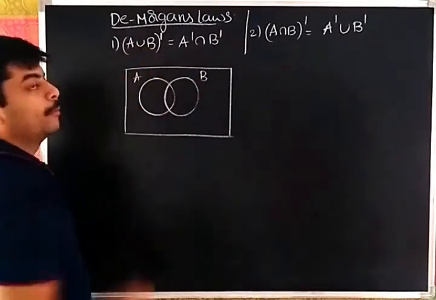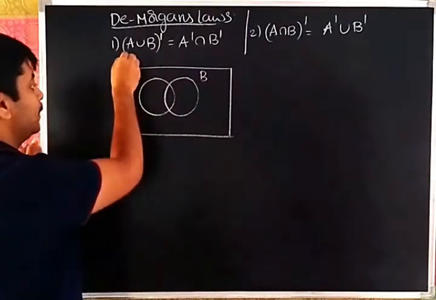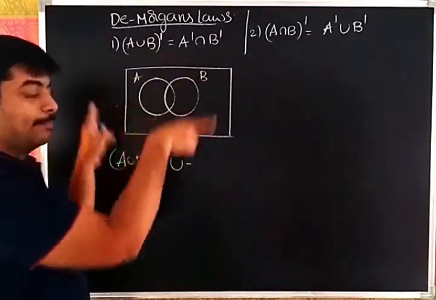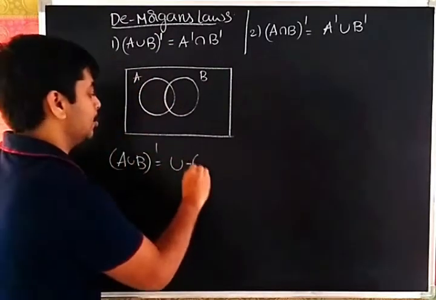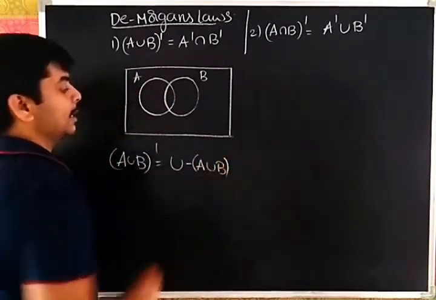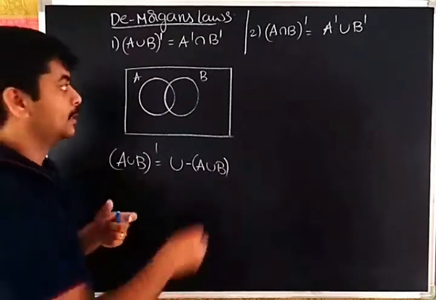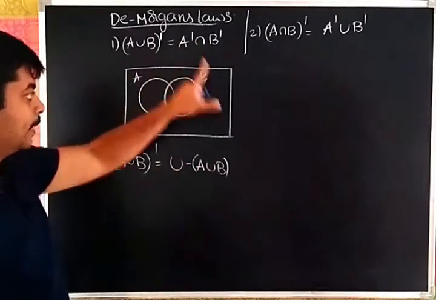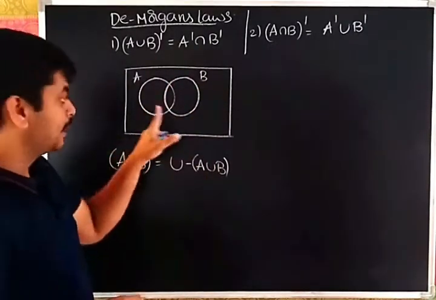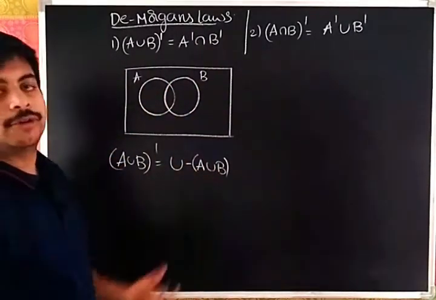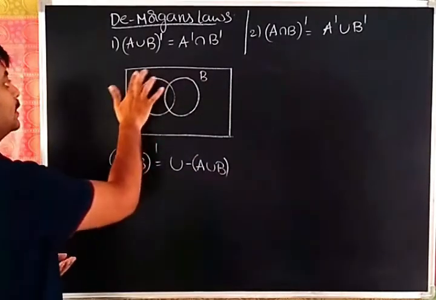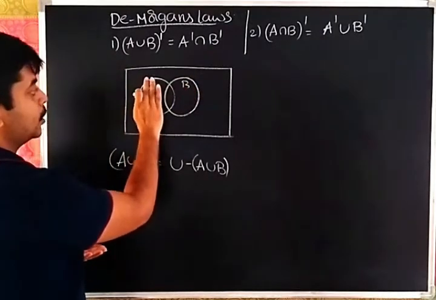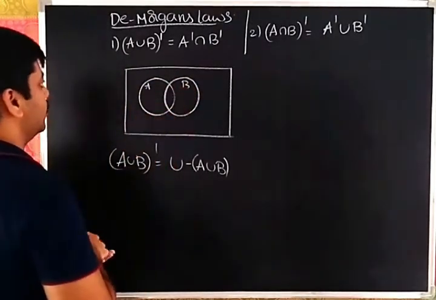A union B whole complement means that from the complete universal set, that is, from the complete rectangular box, you need to remove A union B and shade the rest of the part. So once you remove the complete circles, the leftover region is this region, which I will shade.